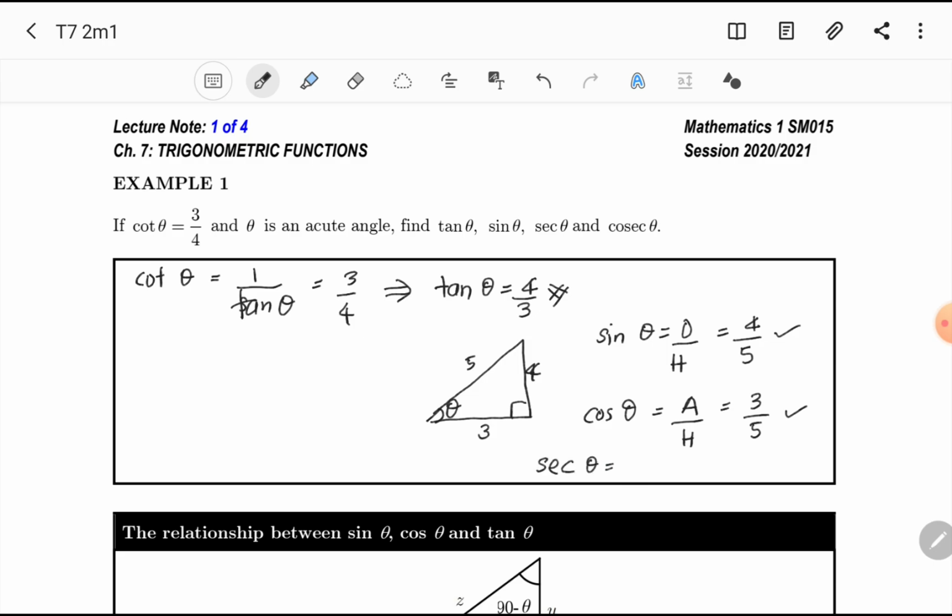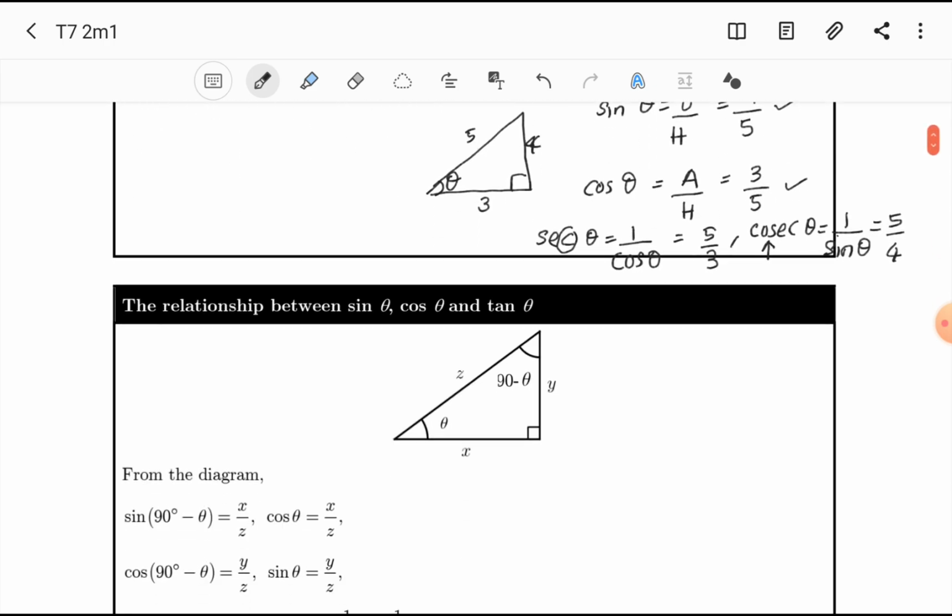So secant is, tengok third letter we have c, so 1 over cos theta, so equals to 5 over 3. Okay, next apa lagi? Cosecant. So cosec theta equals to, tengok third letter, we have S. So 1 over sin theta. So equals to 5 over 4. Very good. Okay, so we have finished example number 1.